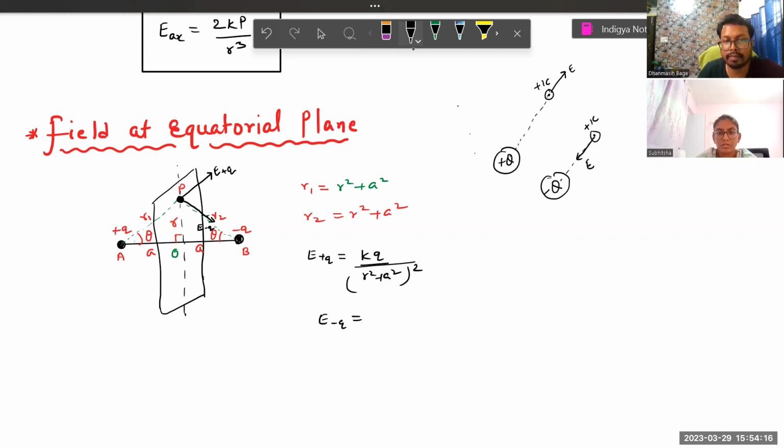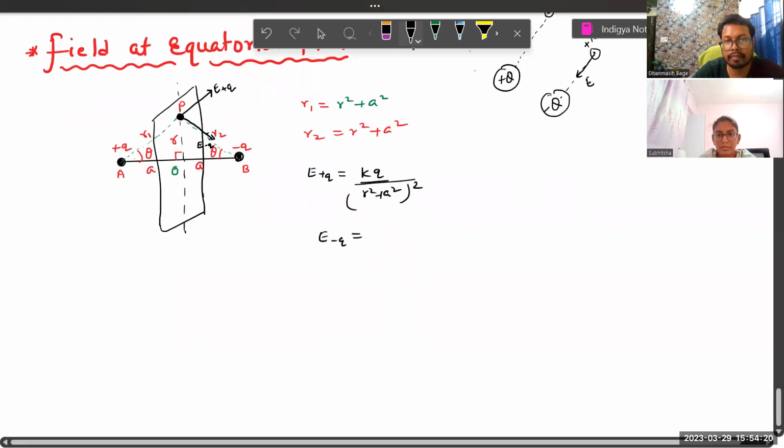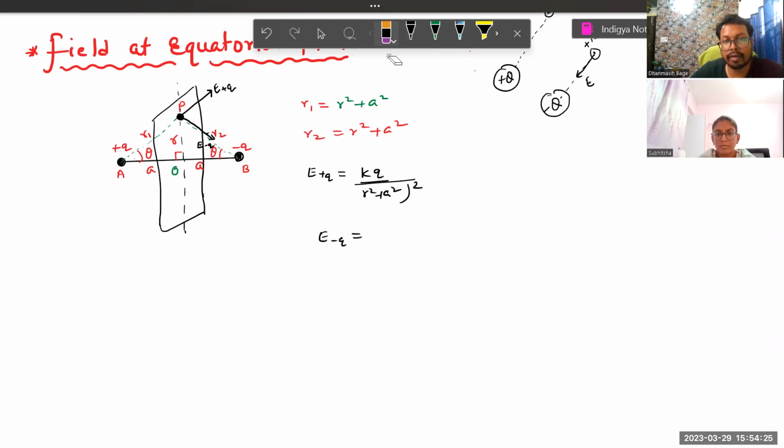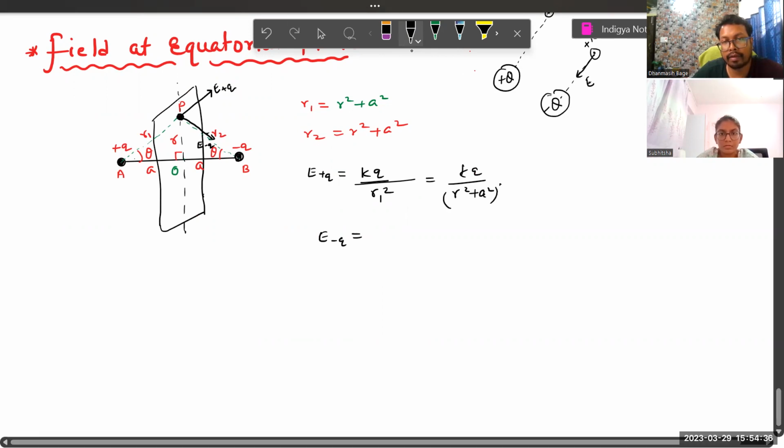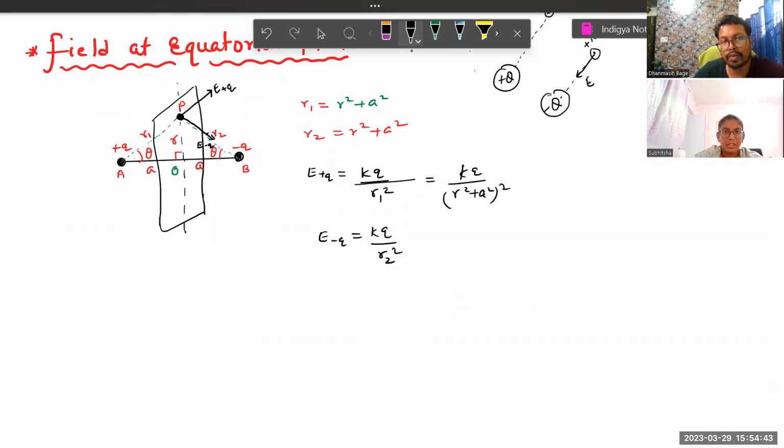Distance is exactly the same. You can write it in two steps, like KQ by R1 square, so this is equal to KQ by R square plus A square the whole square. Similarly, this will be equal to KQ by R2 square, same R square plus A square the whole square. Yes, this is also the same.